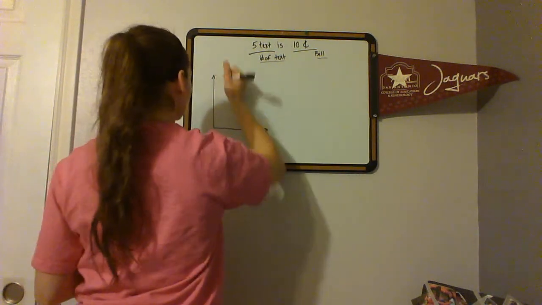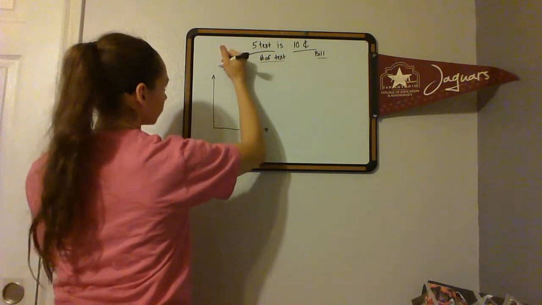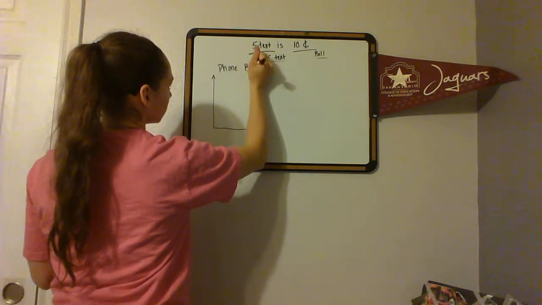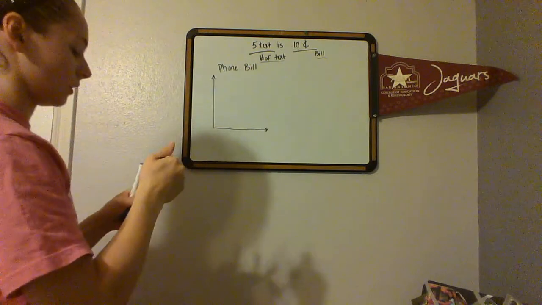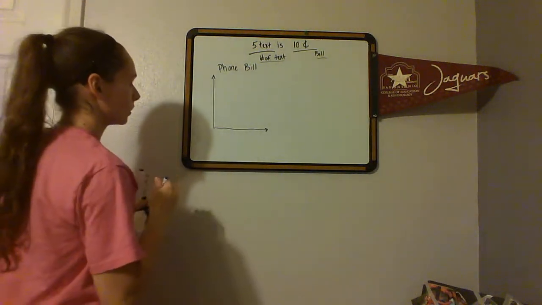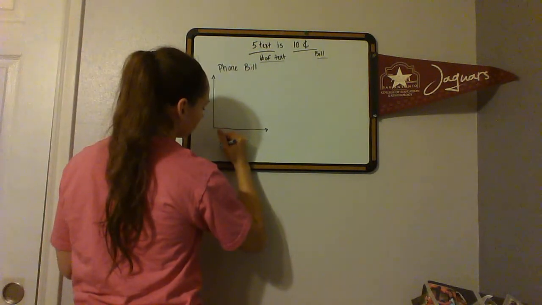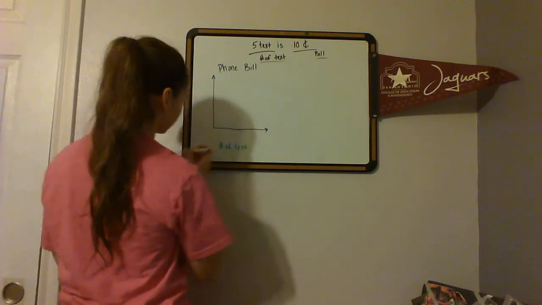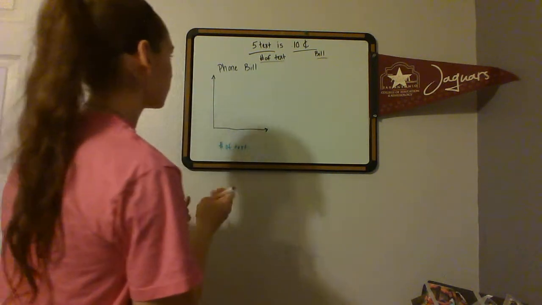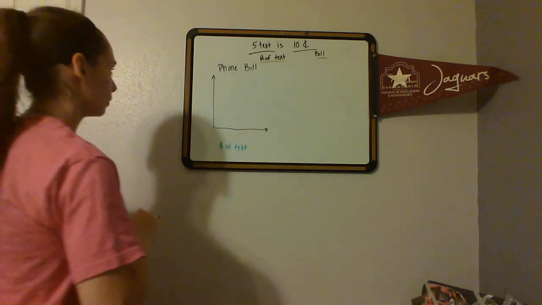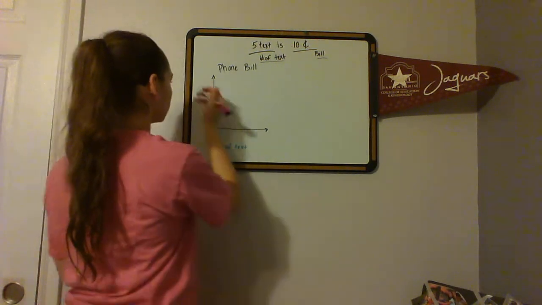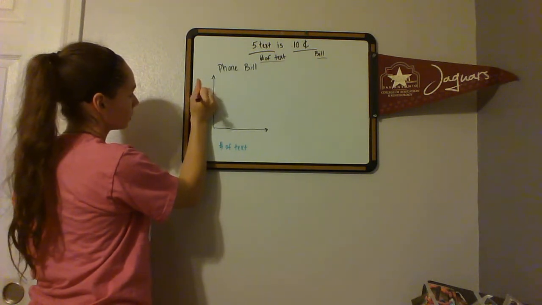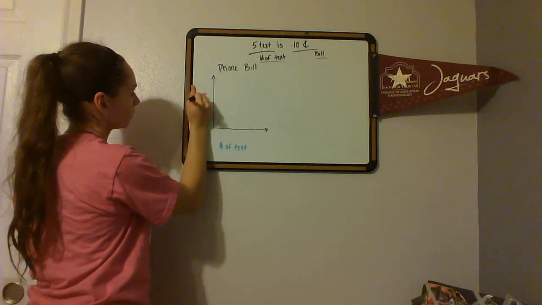We can label our graph phone bill. And then our x-axis would be number of texts. And our y-axis would be your bill. So put amount of phone bill.